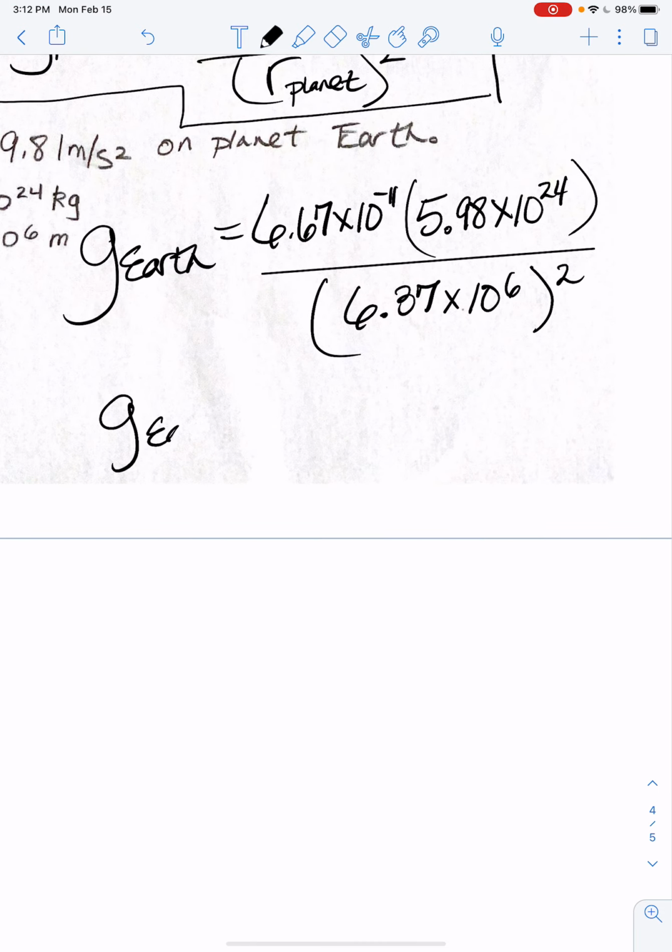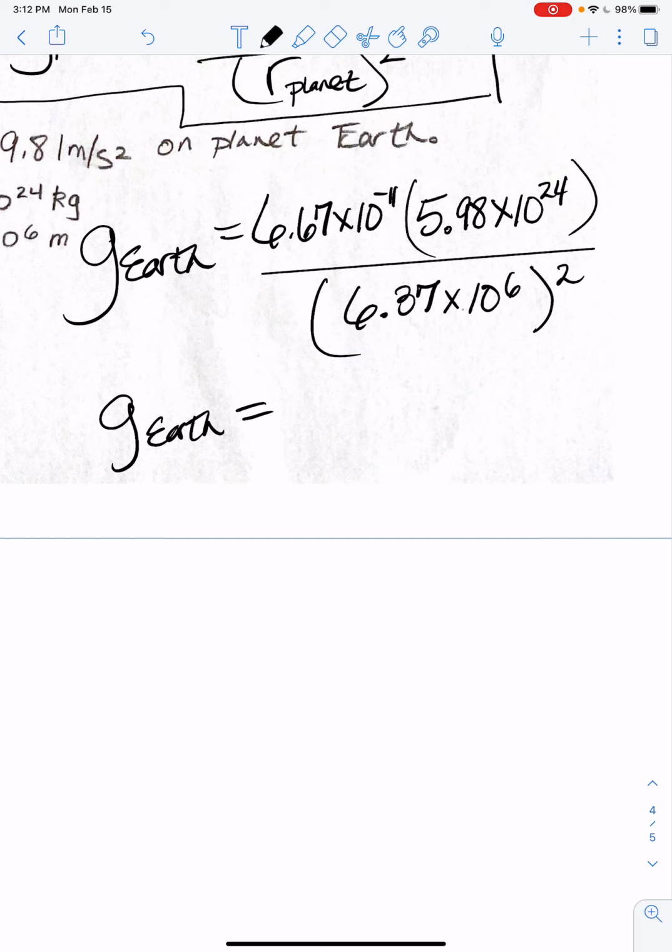If I was doing this, and you should pause it here and give this a try, plug it in your calculator. But if I was doing it, the first thing I would do is multiply the top across, get a number, and then square the bottom and get a number. So if we do that, 6.67 times 10 to the negative 11th, make sure you're using your EE button. The EE button allows you to do the exponent on your calculator, times 10 to the.